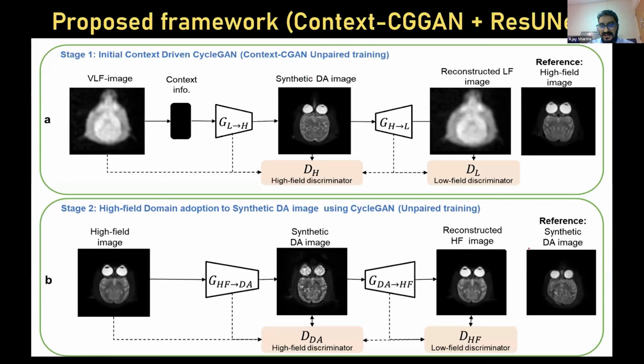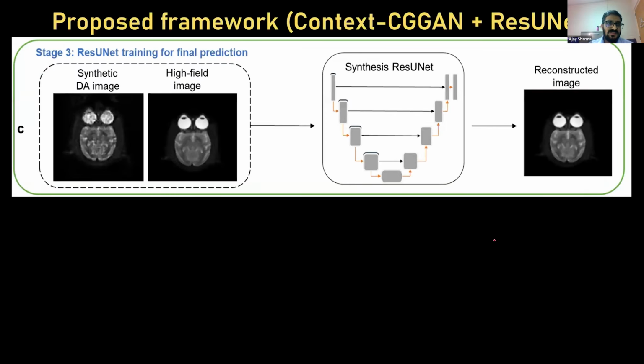The network was trained to generate synthetic low field-like images, so that we can train our physics informed paired models to mitigate such differences. The third stage was that the synthetically generated high field image was trained against a high field image using a synthesis ResUNet model. That gives us a final reconstructed image.